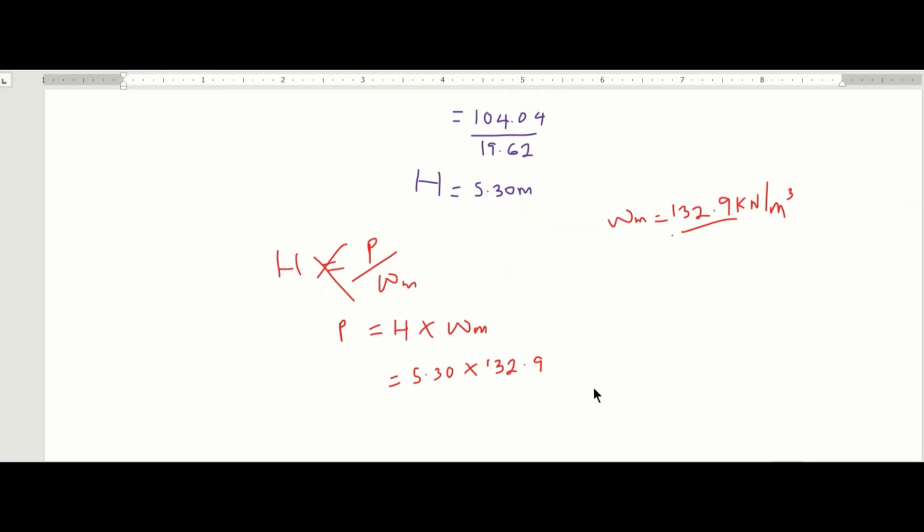So our final answer is the pressure is 5.30 times 132.9, which will give us 704.37 kilonewton per meters squared. So this is the corresponding pressure in kilonewton per meters squared.